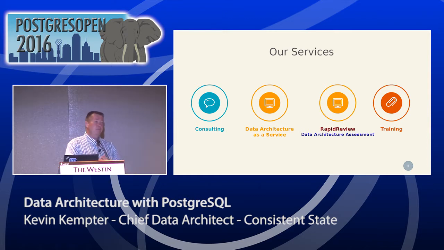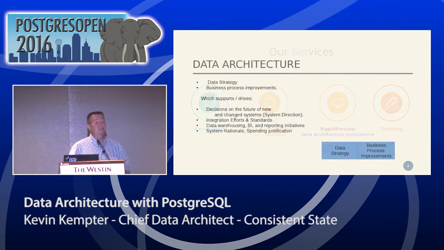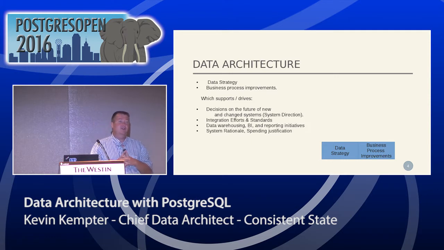And I thought it might be beneficial to present some of what we've been seeing in terms of talking about data architecture, and then talking about how Postgres specifically fits a sort of run-of-the-mill data architecture.